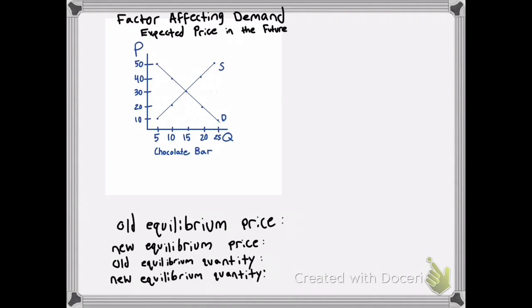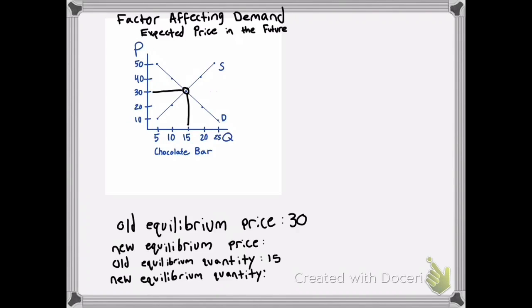Now this is going to be the same thing except for the expected price in the future. The old equilibrium is still at the same spot, $30 at 15 desired quantity. If the expected price of a chocolate bar in the future is going to be higher, people are going to want to buy it now while it's cheaper.